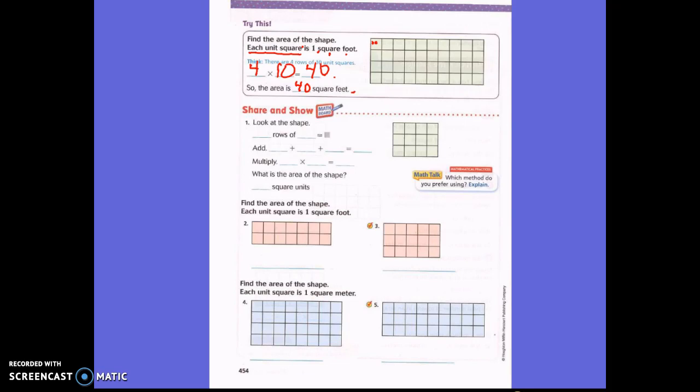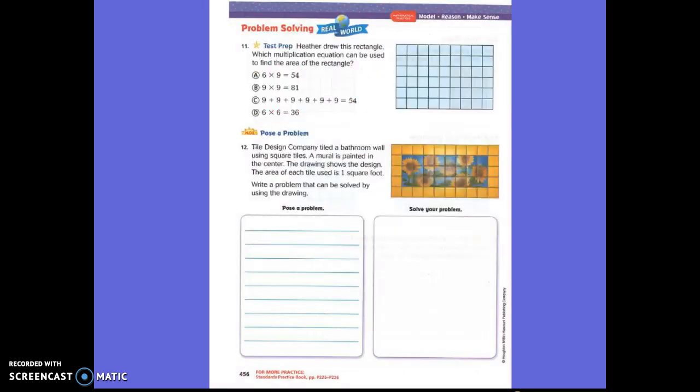Okay, now it's your turn to do this on your own. Number 12. Read the problem. Tile Design Company tiled a bathroom wall using square tiles. A mural is painted in the center.